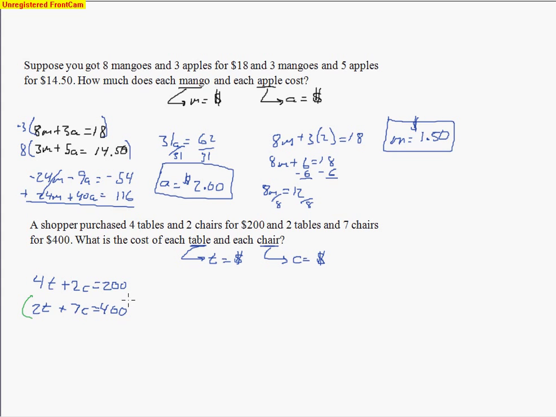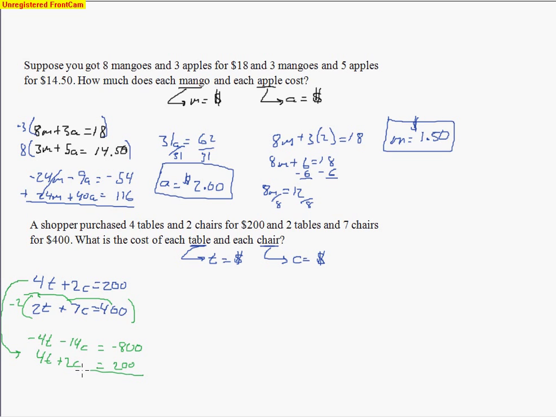So in this one, I could just get away with multiplying one of the equations. I could multiply the bottom equation by negative 2, and that's going to cancel out the tables. So I have to do every single term there, so we end up with negative 4T minus 14C equals negative 800. If I bring this equation down, you'll see the addition a little bit easier here.